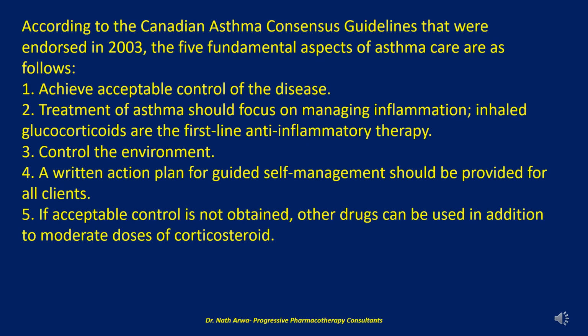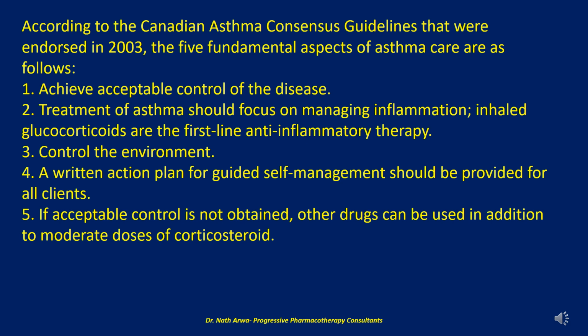According to the Canadian Asthma Consensus Guidelines that were endorsed in 2003, the 5 fundamental aspects of asthma care are as follows. 1. Achieve acceptable control of the disease. 2. Treatment of asthma should focus on managing inflammation.